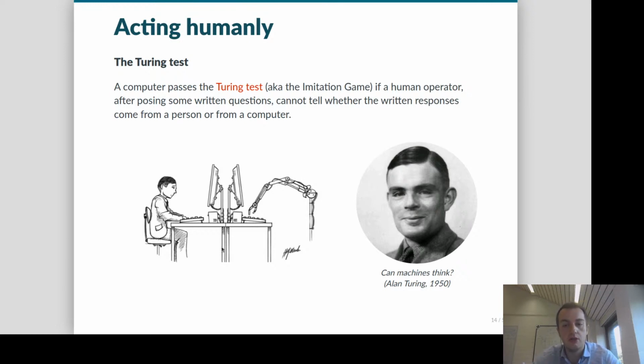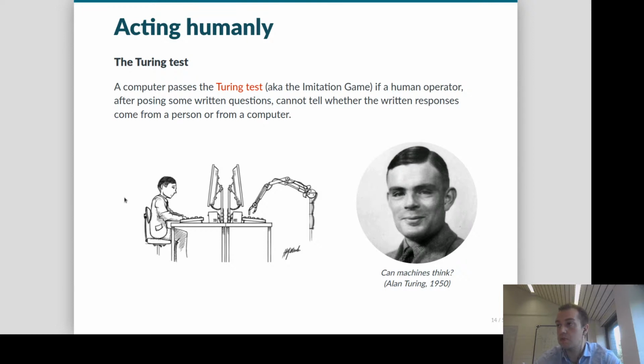So you should imagine that there is someone having a conversation through his computer, but he does not know if he's speaking to a machine or to another real person. The machine at the other end passes the test if that person is not able to tell whether she or he was speaking to a machine or to another person.